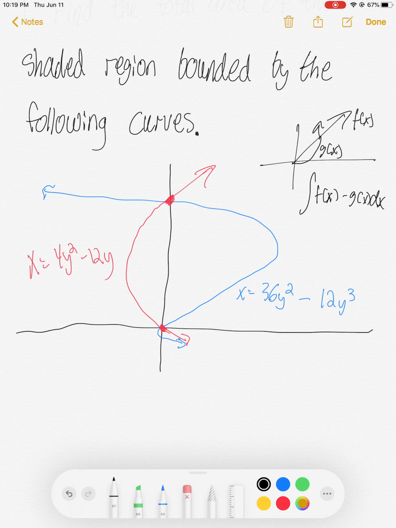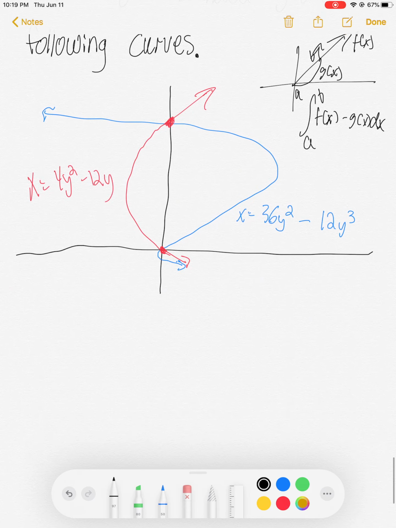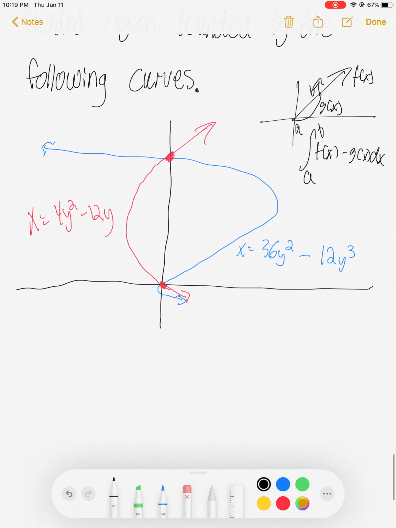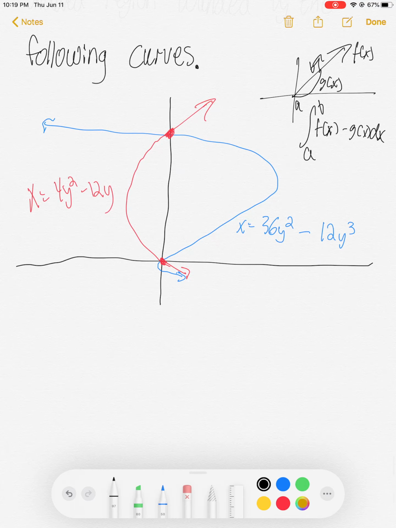Whenever we find the area between curves like this, if the top function is f of x and the lower function is g of x, to find that area we would integrate f of x minus g of x dx over the appropriate interval.